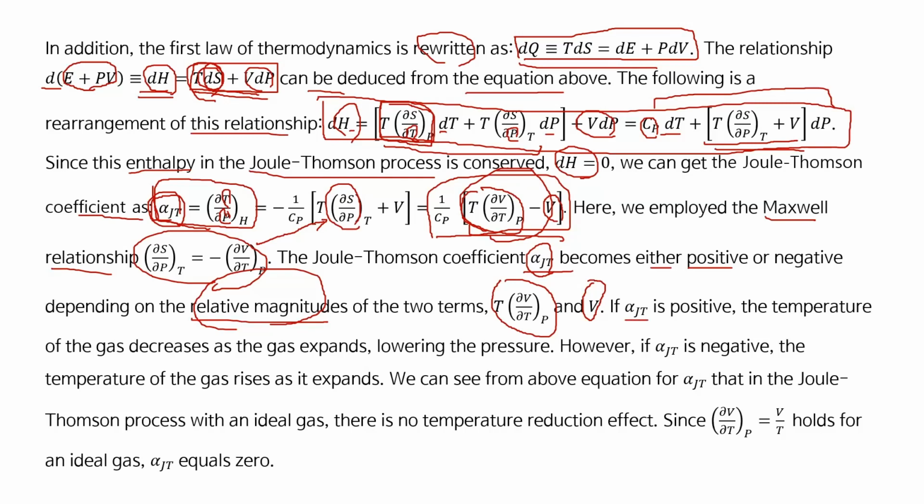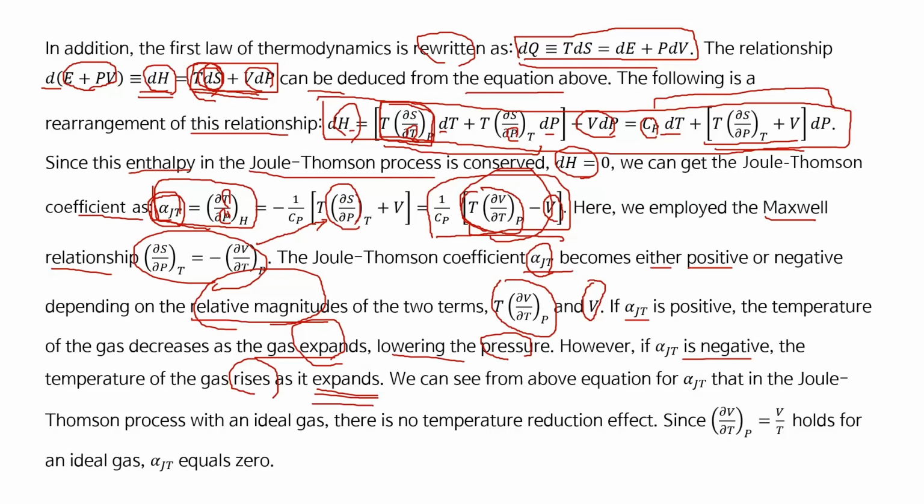Okay. If alpha jt is positive, the temperature of the gas decreases as the gas expands. Gas expands means the gas pressure is lowered. However, if alpha jt is negative, the temperature of the gas rises as it expands. So we can have a cooling effect.